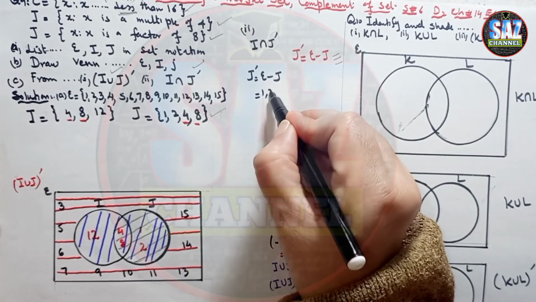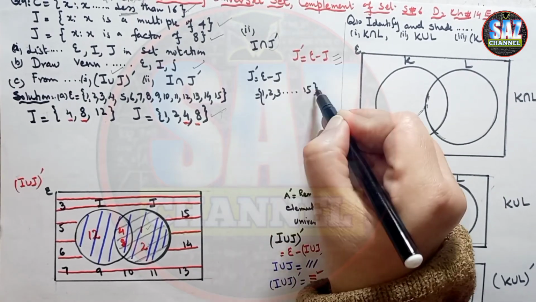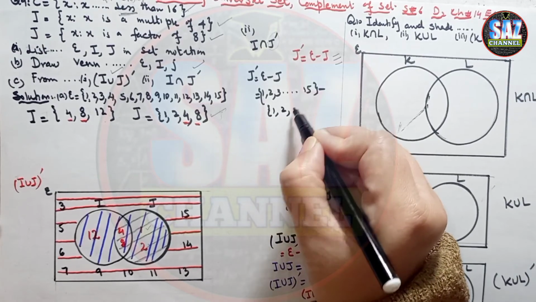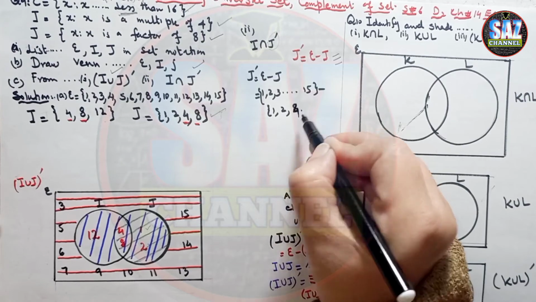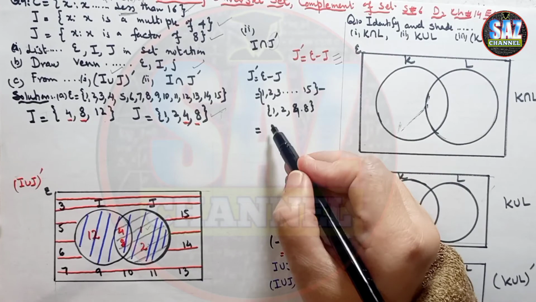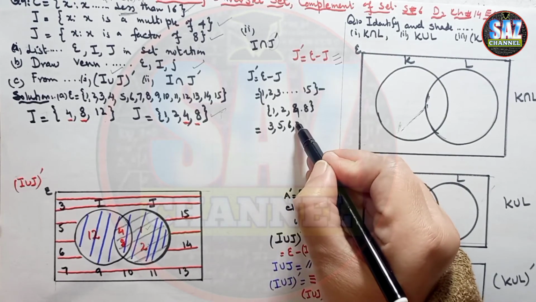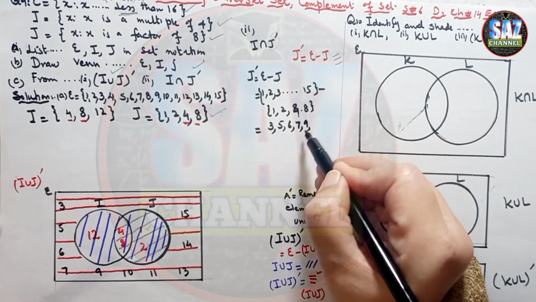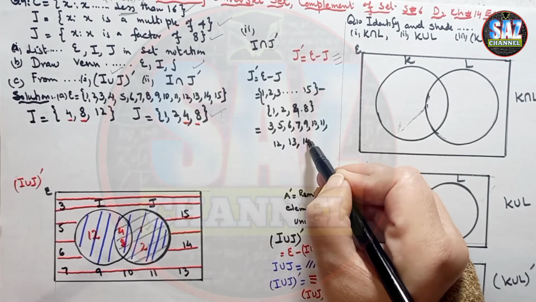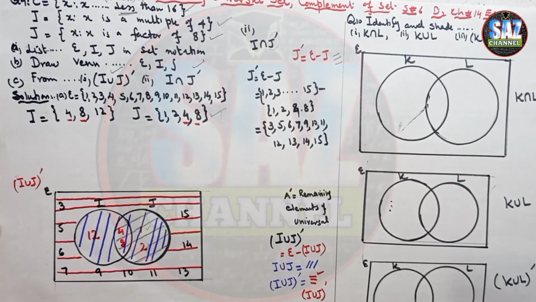Universal has the elements 1, 2, 3 till 15, and I have to take away j, and j is the set of factors of 8: 1, 2, 4 and 8. So in j complement I will not have 1, 2, then I will have 3, 4 will not be there, 5, 6, then 7, 8 will not be there, 9, 10, 11, 12, 13, 14 and 15. So these are the elements that will be in the complement.